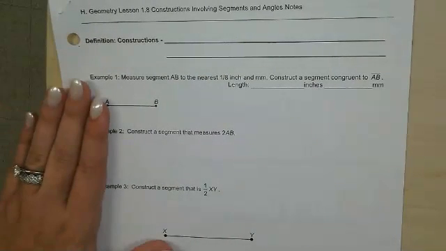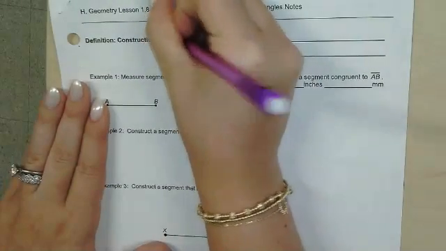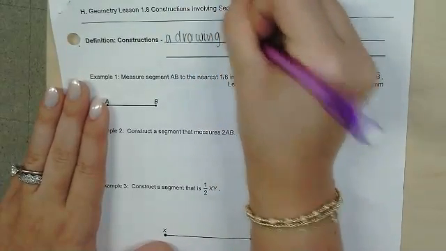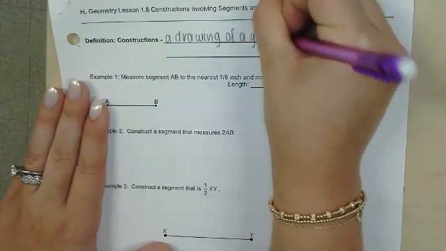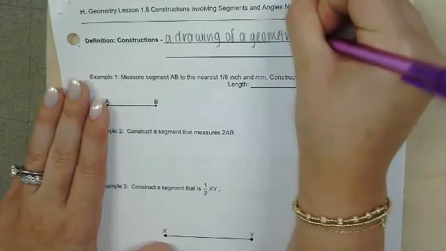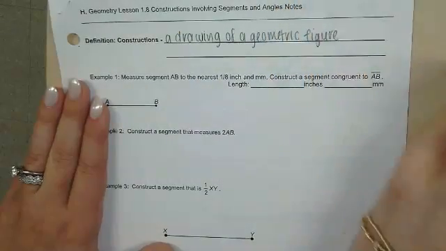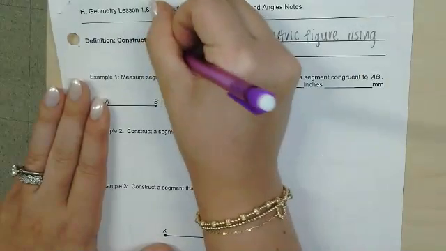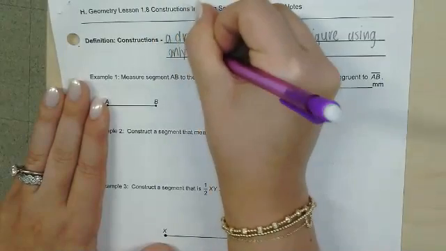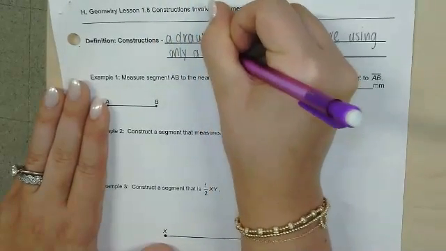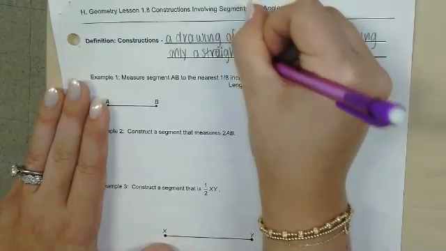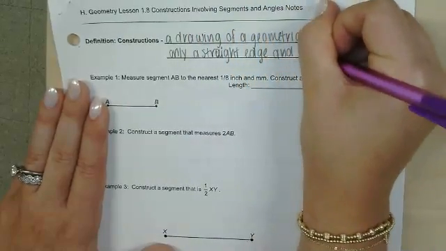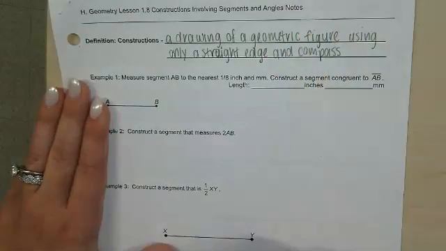A construction is a drawing of a geometric figure using only a straight edge and compass. So we will be using our ruler as our straight edge.